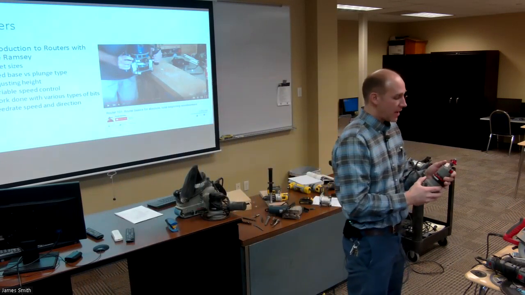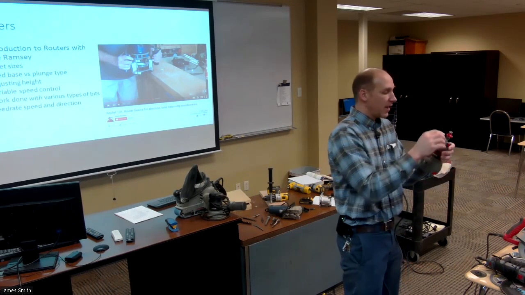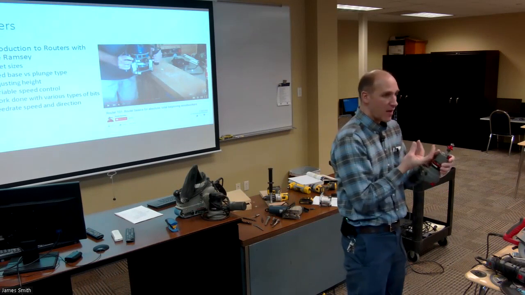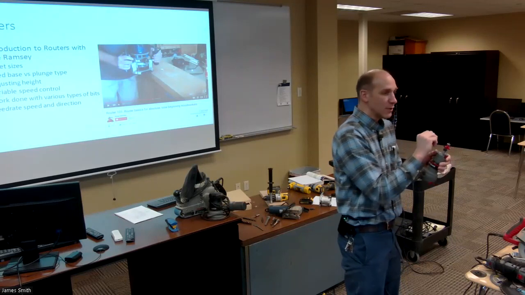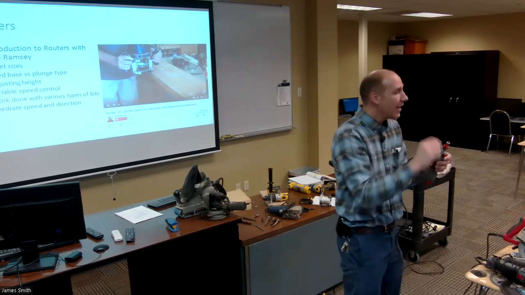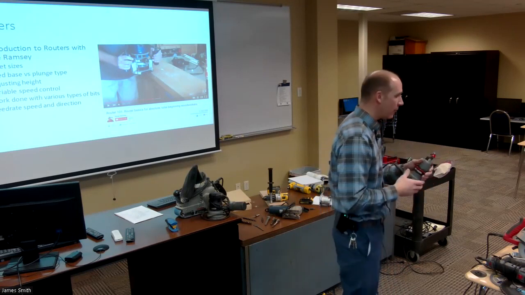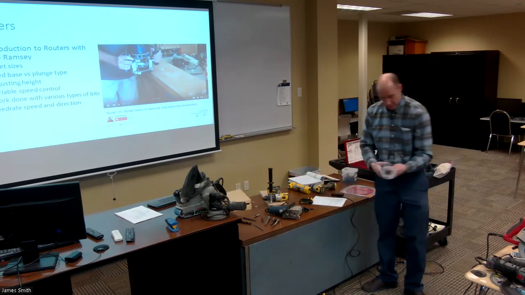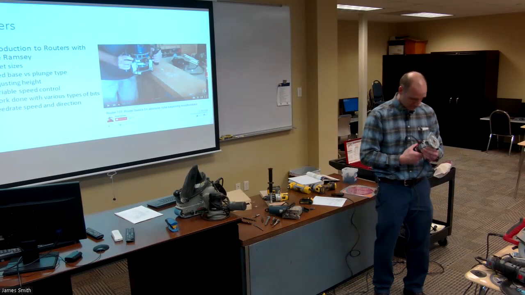I try to do that because there's a little fillet at the very top of that bit. And if you push it all the way in, that collet will lock onto the fillet and not the shaft. And so after about a minute, your bit comes loose, it starts moving up, and then your cut gets deeper and deeper. You've ruined your board, and if you're not careful, that could come all the way out of the machine. And now you've got a spinning bit flying all over the place.